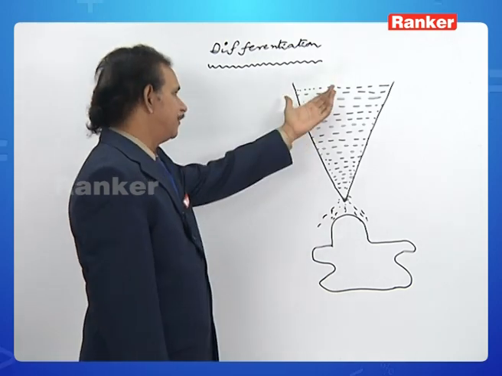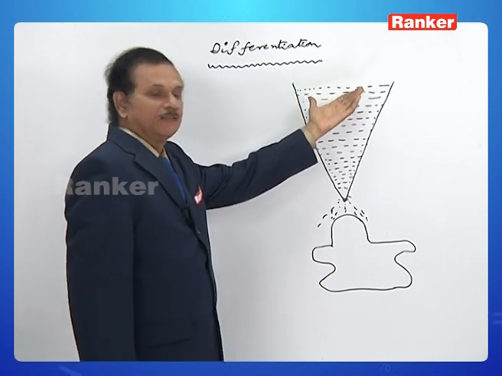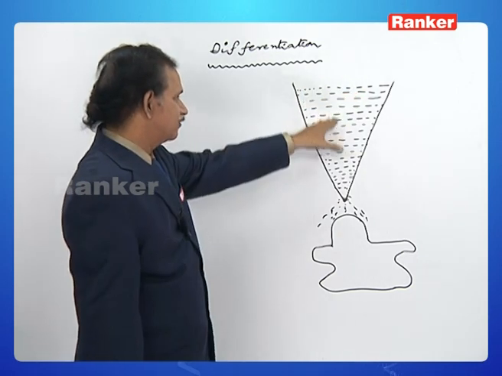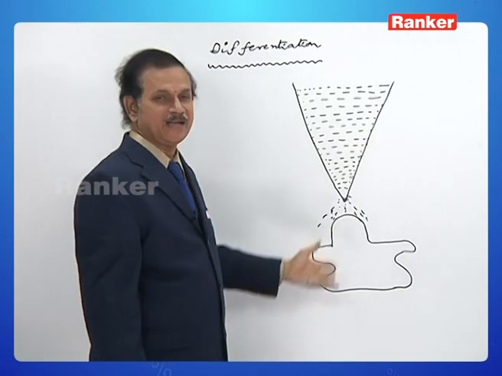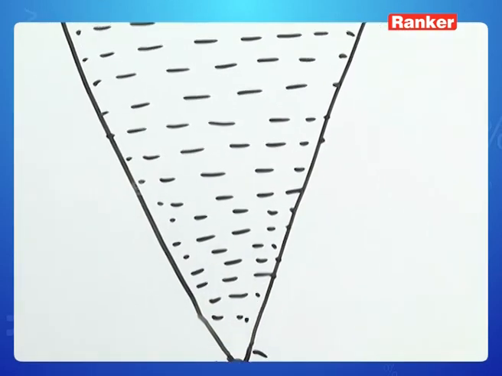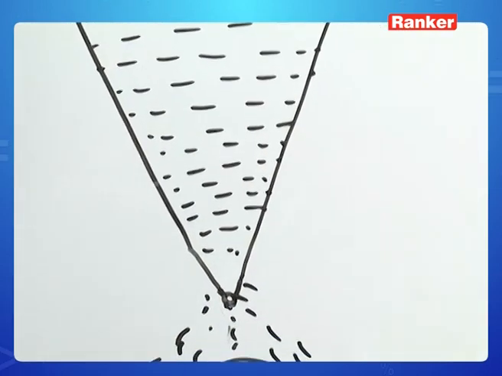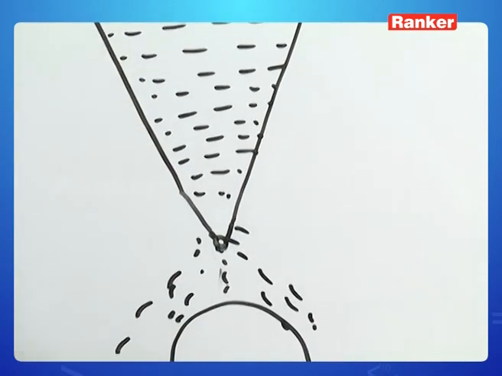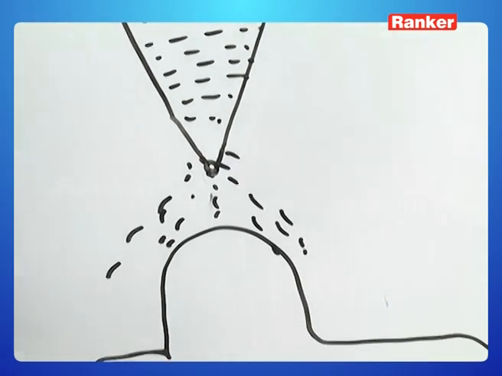It will have a radius of the base and the height of the water column, slant height, so many factors are there. You see, continuously water is flowing on Lord Shiva.